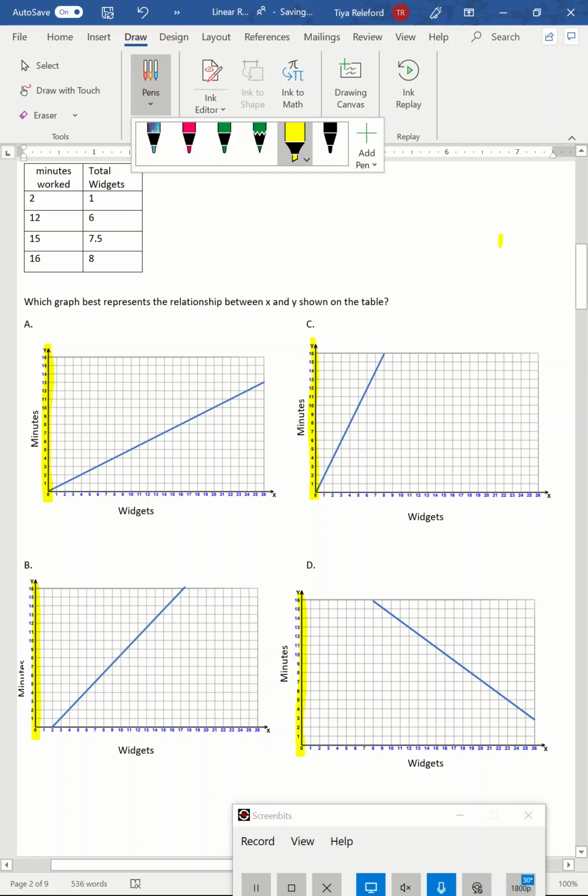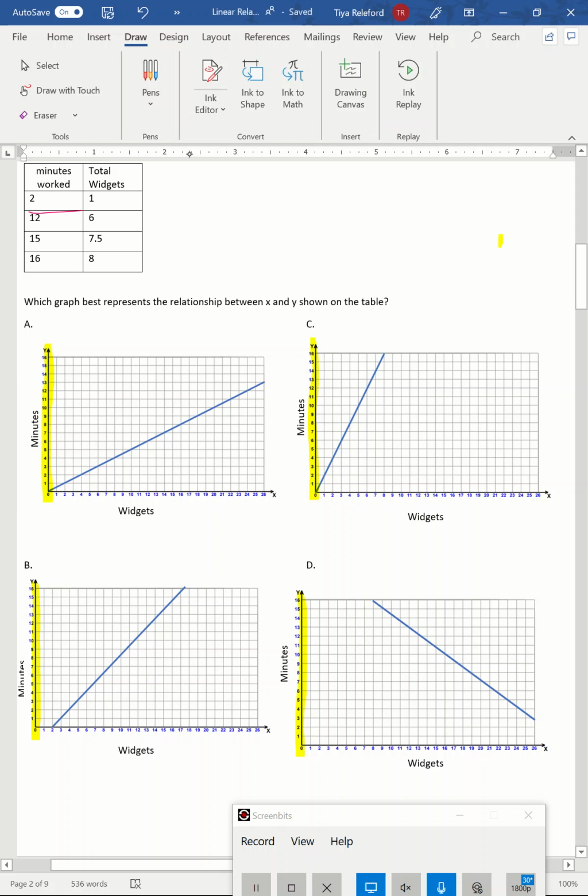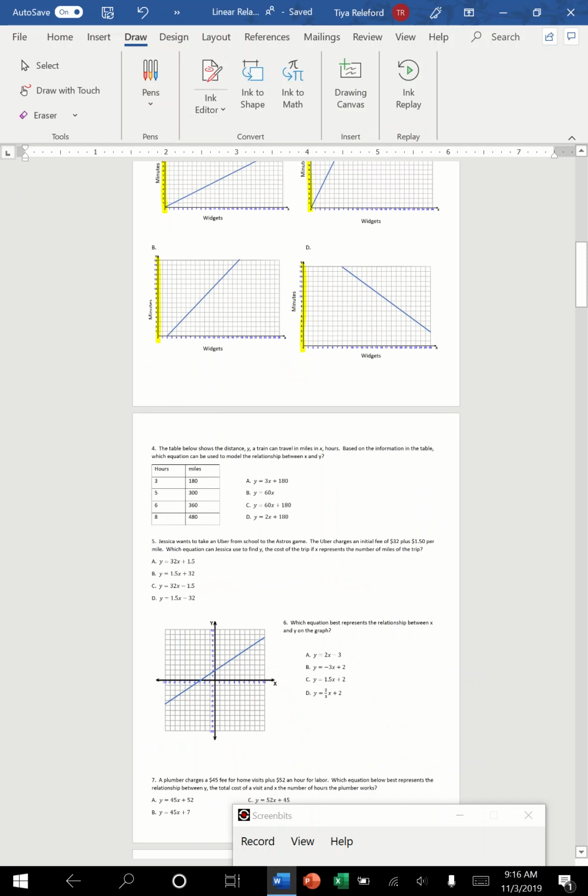And then you're going to pick a spot and see where it shows up on the graph. So if I start with 2, 0, ooh.